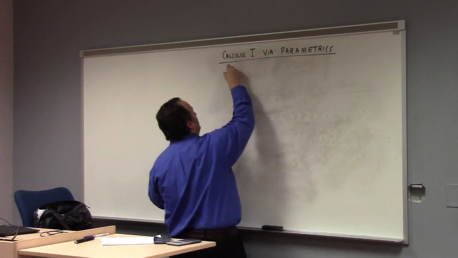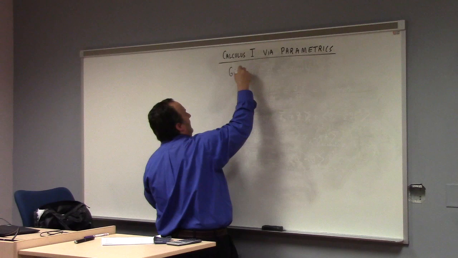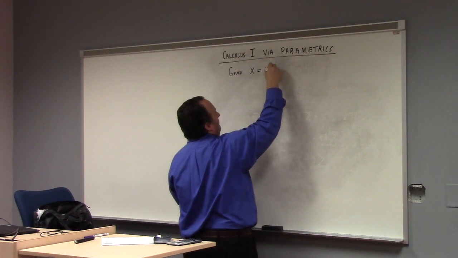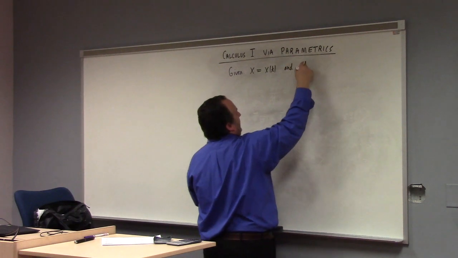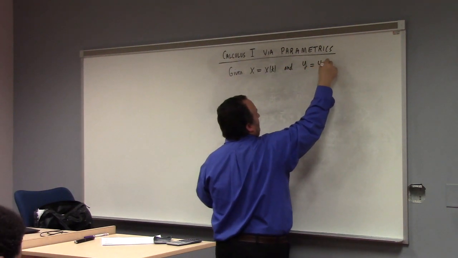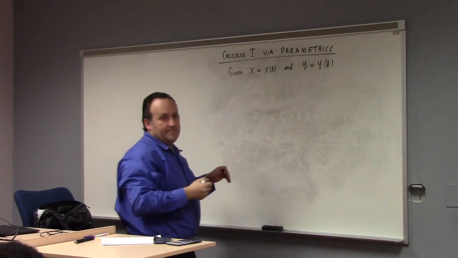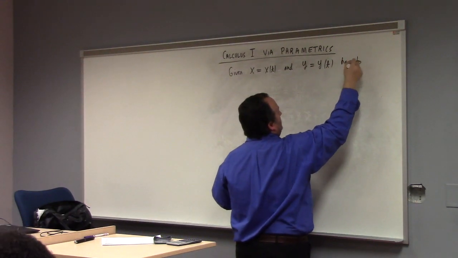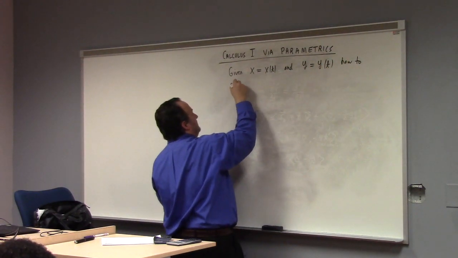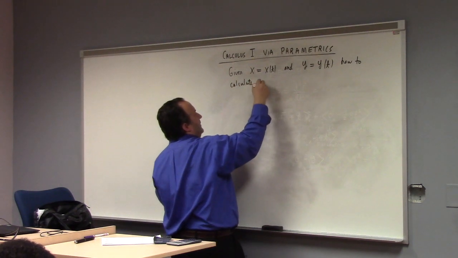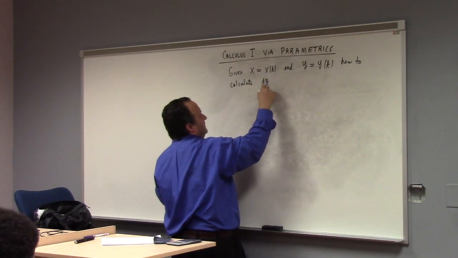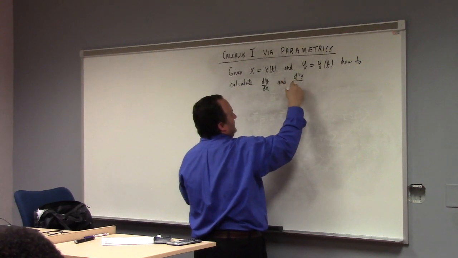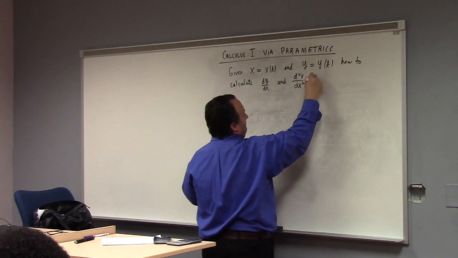In other words, given x equals x of t and y equals y of t, how do we calculate dy dx and d squared y dx squared, things like this?